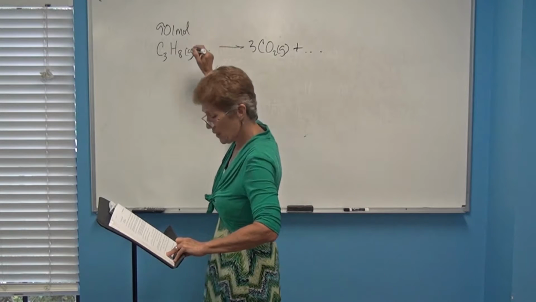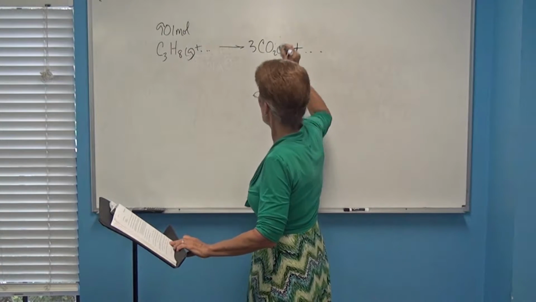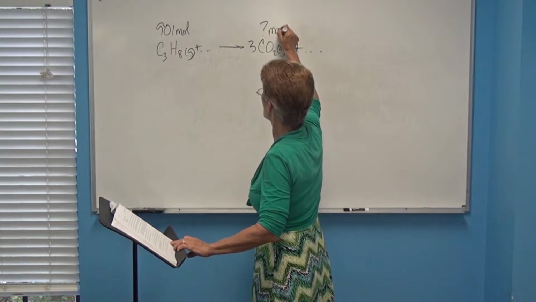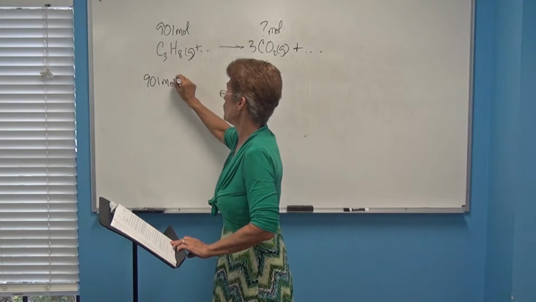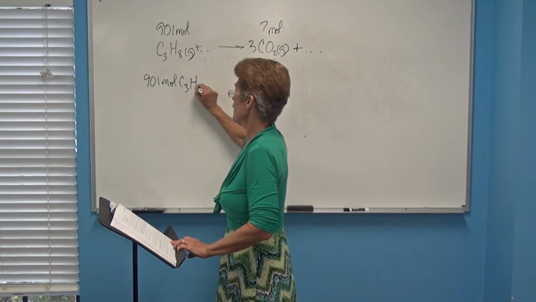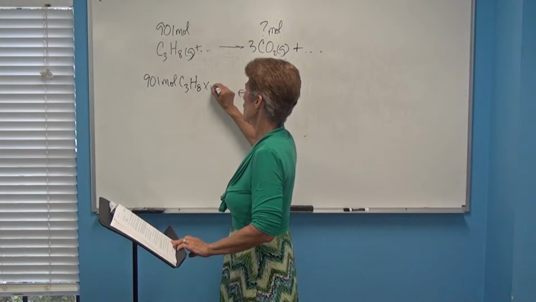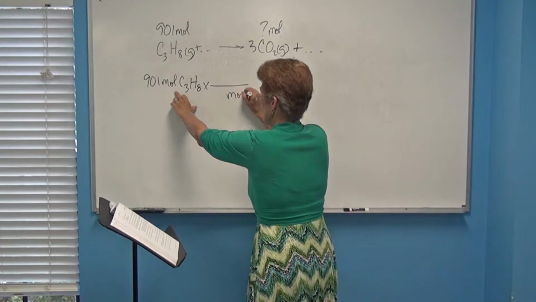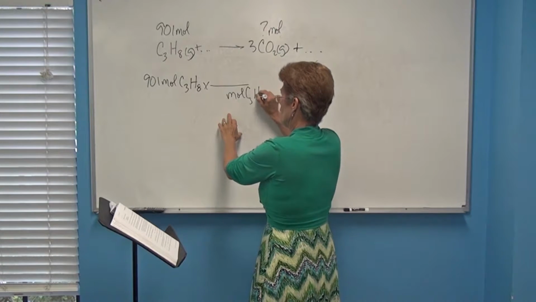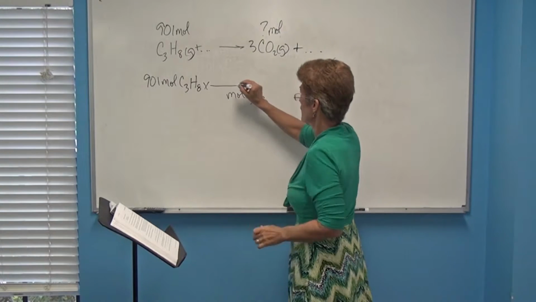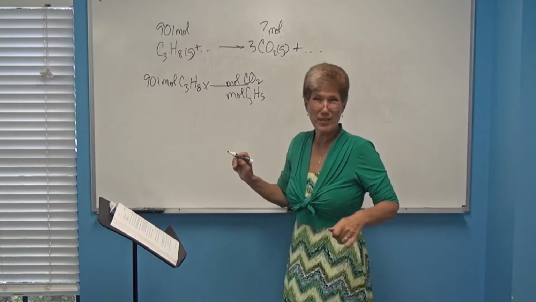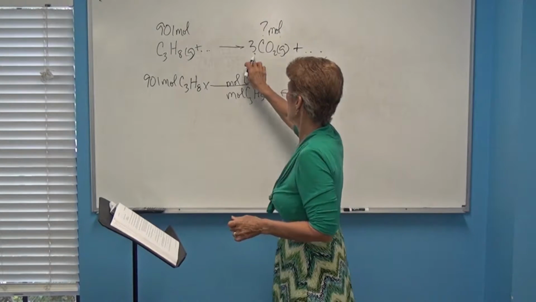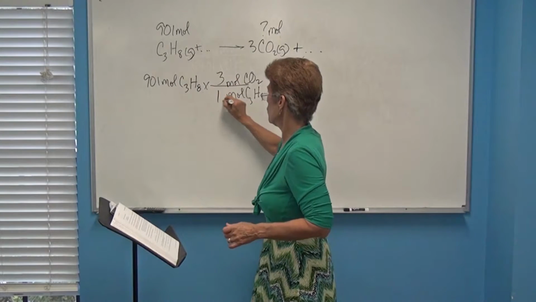Okay, we are starting with 901 moles of this. And we want to know how many moles of this are formed. And so we go 901 moles C3H8, times line, whatever's here, always goes down here. And you can go directly across this bridge or tunnel, however you want to look at it. I like bridge better, but moles are in tunnels. Anyway, so that's 3, that's a 1.